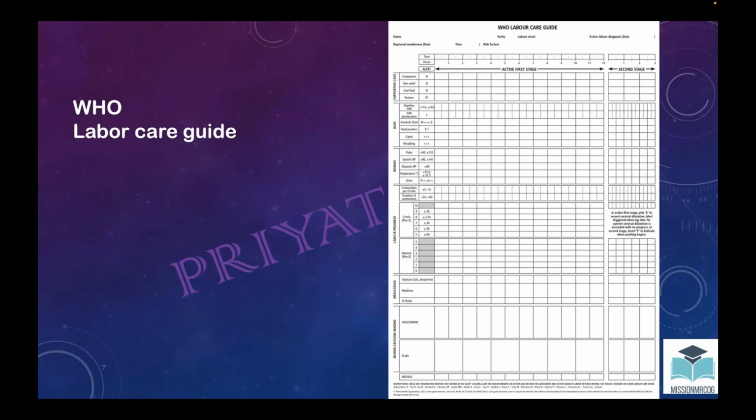We use this labor care guide to assess the mother and document the findings, to assess the mother's and baby's well-being. This is why it's important. We want to find any complication at the earliest so we can take proper steps. At the same time, we want to avoid unnecessary interventions.